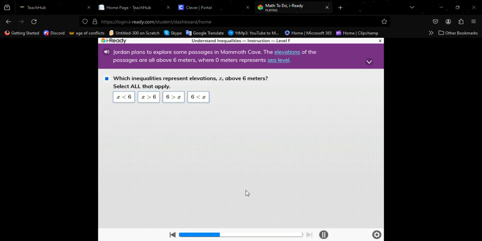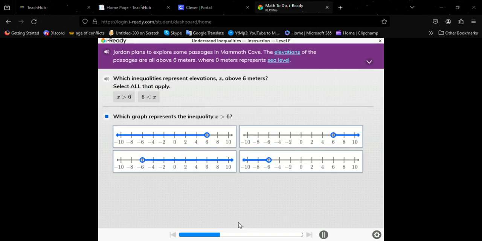Which inequalities represent elevations x above 6 meters? Select all that apply. Which graph represents the inequality x is greater than 6?